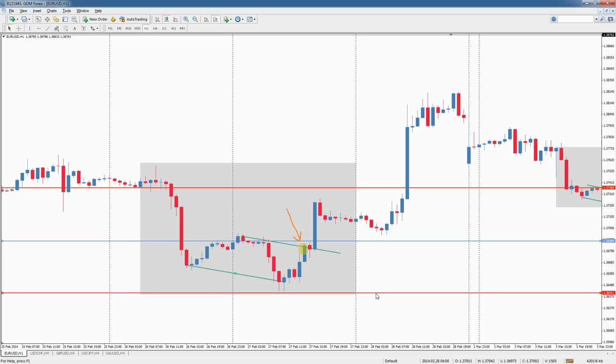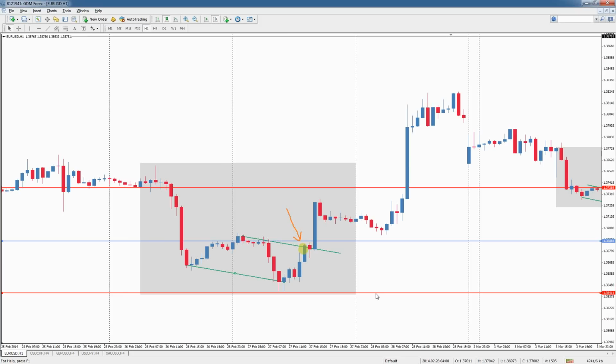Now in this case we can see that this specific double bottom was successful. It did give us our almost 40 pips of profit. As a matter of fact, the double bottoms and double tops are quite successful formations, but I should definitely state that it all depends on the rules we are following as to when and under what conditions to open our position.